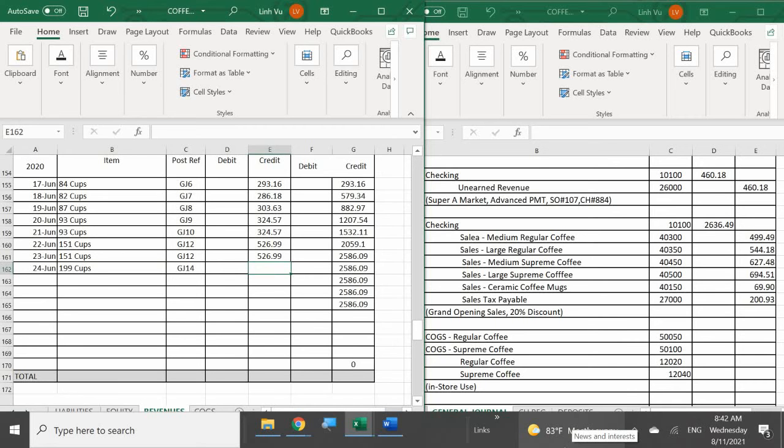And that is 694.51 for a balance of 3,280.60. Good.